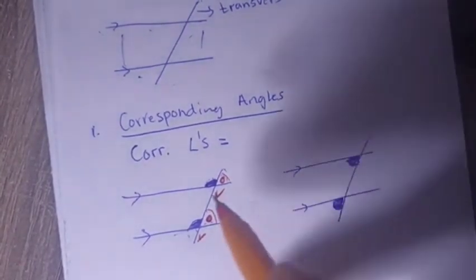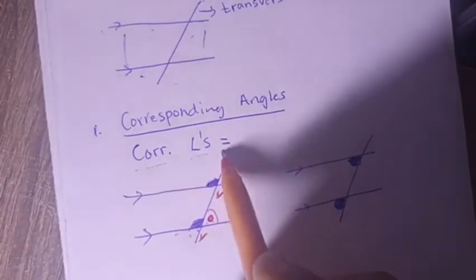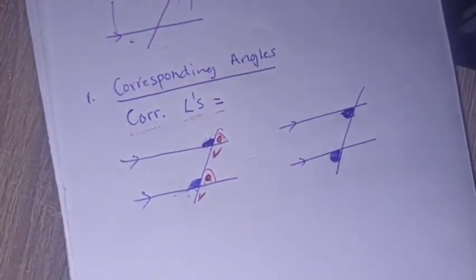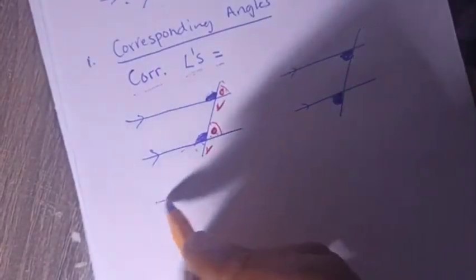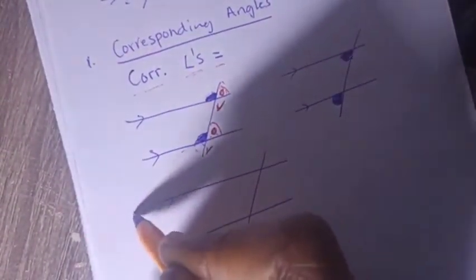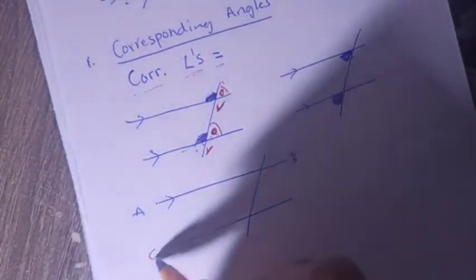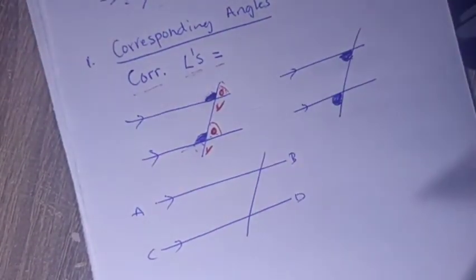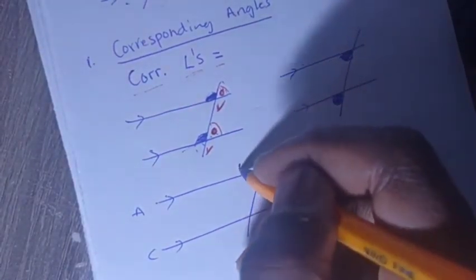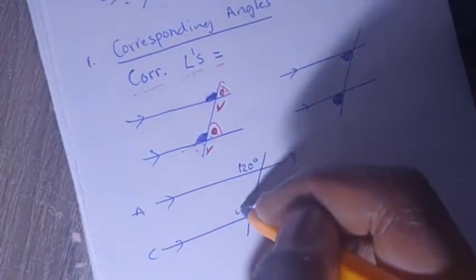So your reason will be: corresponding angles are equal, or write it out in a full sentence. Let me give a quick example. Let's say this is line AB, this is line CD, and this is 120 degrees, and they say find the value of y.